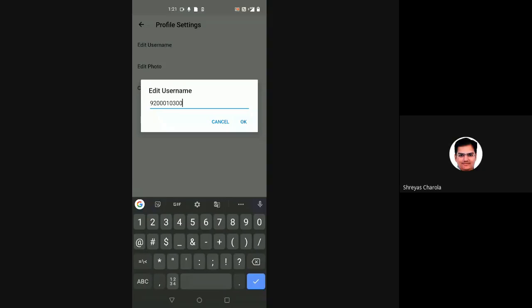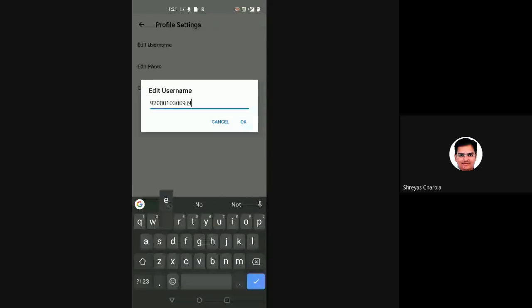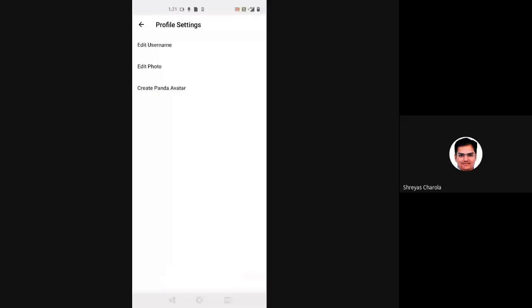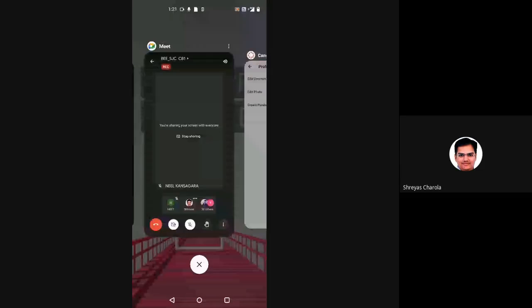Excuse me sir, I still have not received the mail. Janil Shah. Same Marwadi University mail ID you are using? Yes sir. You should get it because you are added in the Canvas.